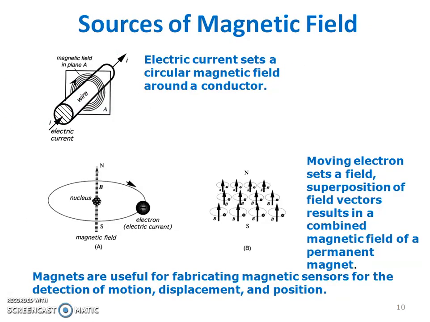In sensors, a magnetic field property can also be used to measure any physical quantity. When electric current flows, it develops a circular magnetic field around a conductor, and this property can be used in a sensor.